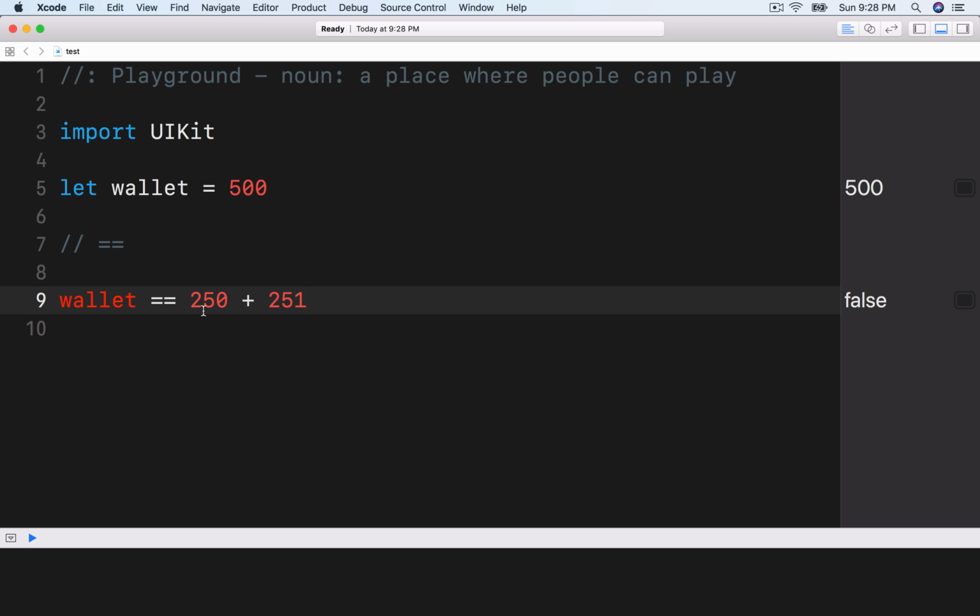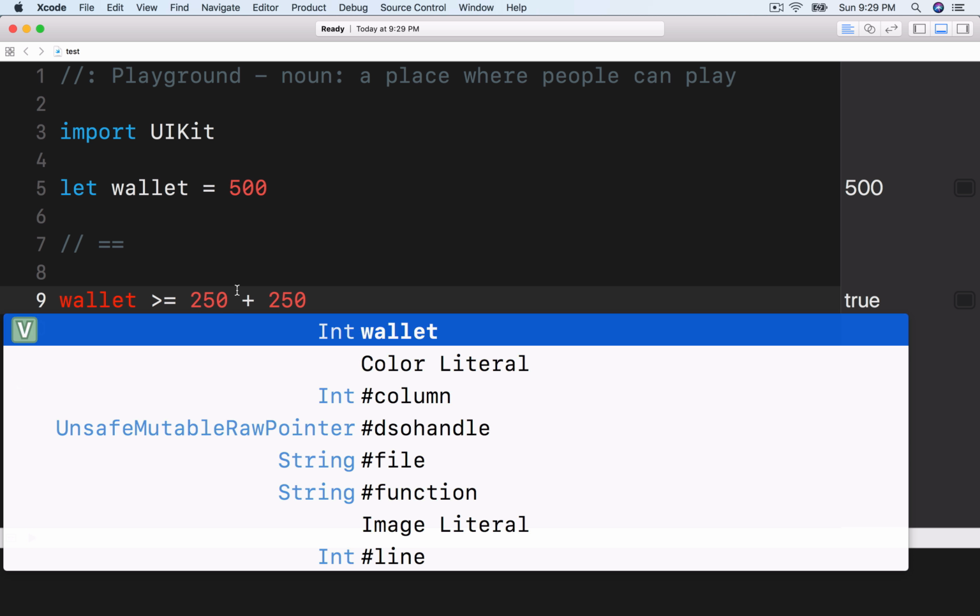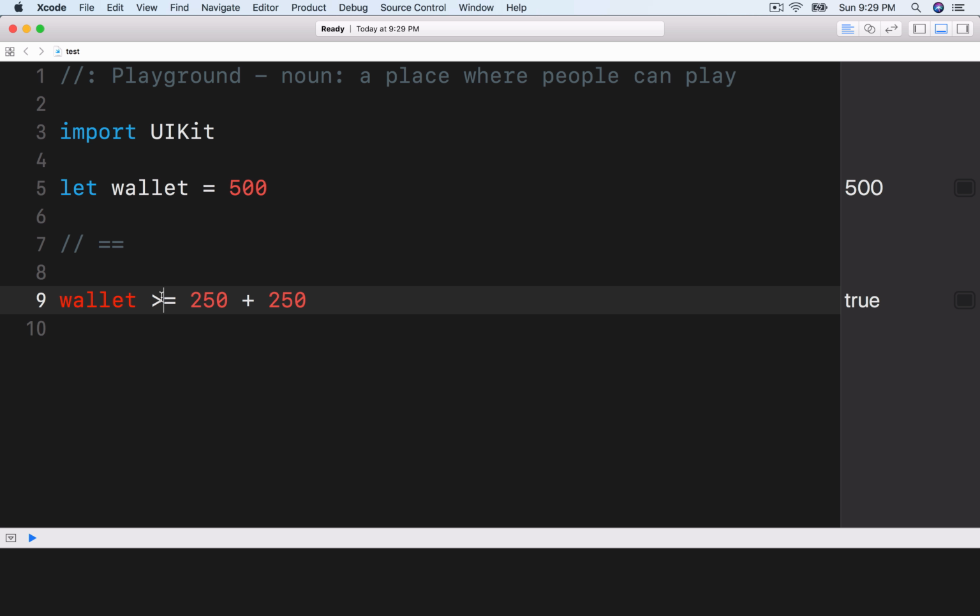You dig? So it's like 250 plus 250, 500 is equal to 500. There you go. That is the comparison operator. It is different than the assignment operator. This is saying that this constant is equal to this value. So if we're doing is greater than or equal to, it's true.